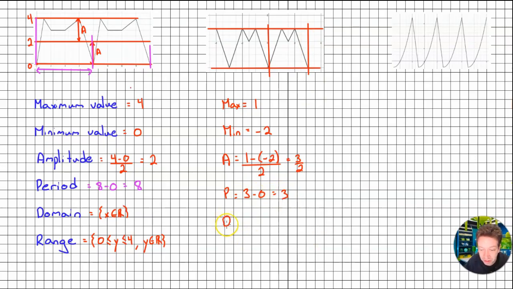Our domain is all real values. And our range is going to be between -2 and +1 for all real values.